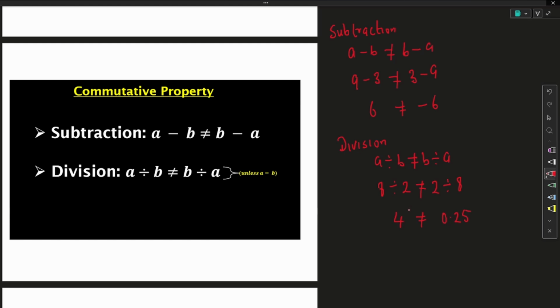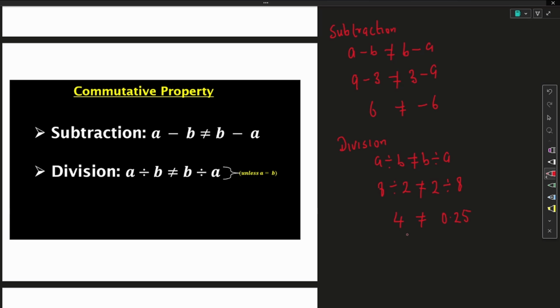So subtraction and division do not follow the commutative property. I want you to note that this is a key distinction for us to keep in mind as you work with real numbers.